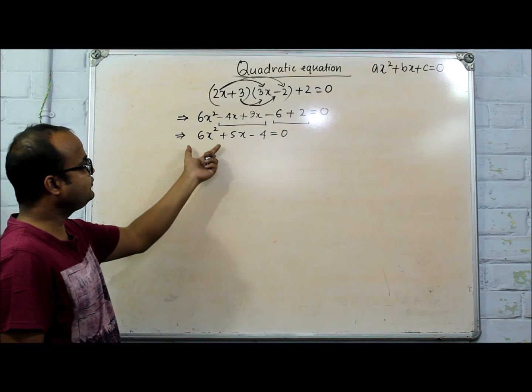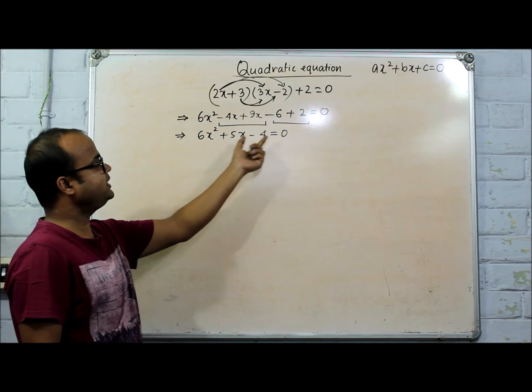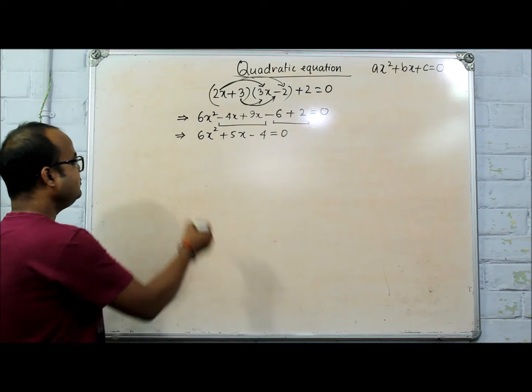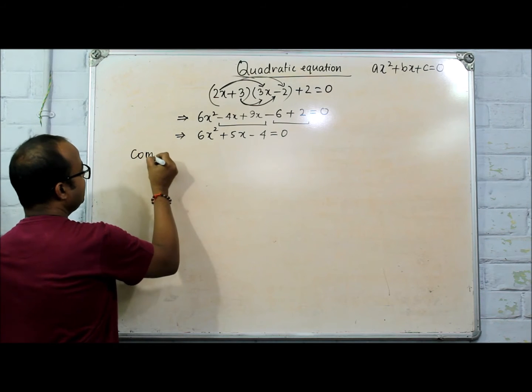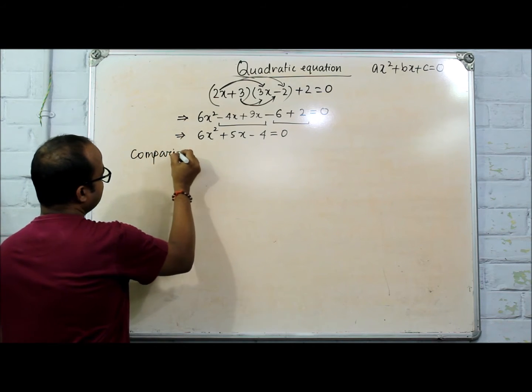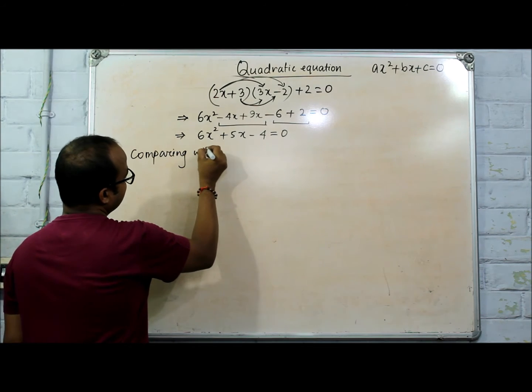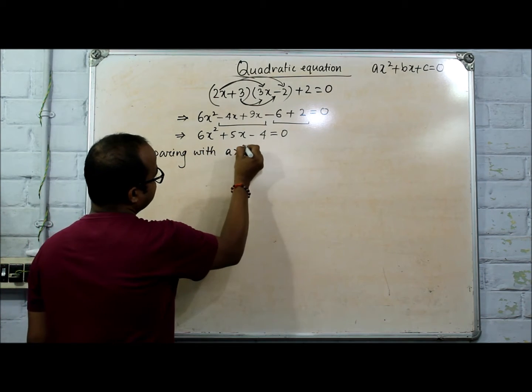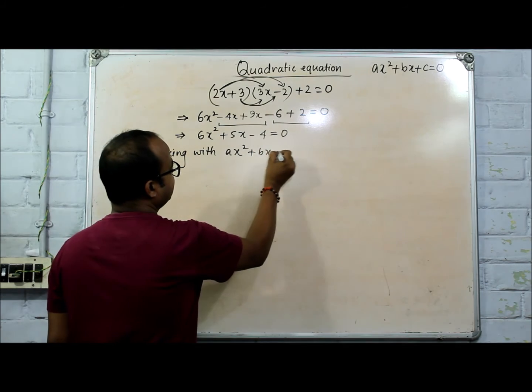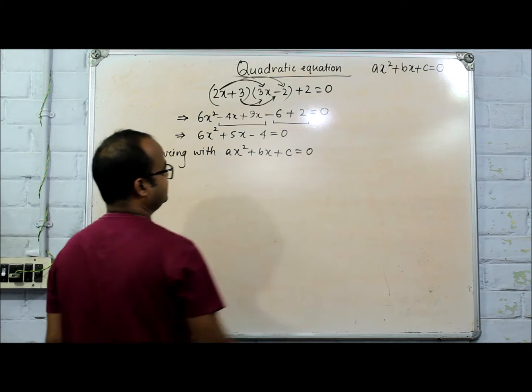So this is a standard form, ax square plus bx plus c is equal to 0. Now next we compare with ax square plus bx plus c is equal to 0.